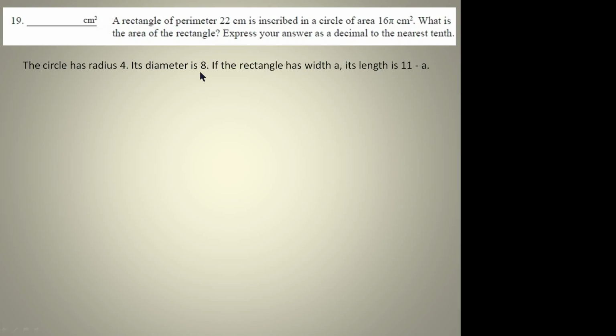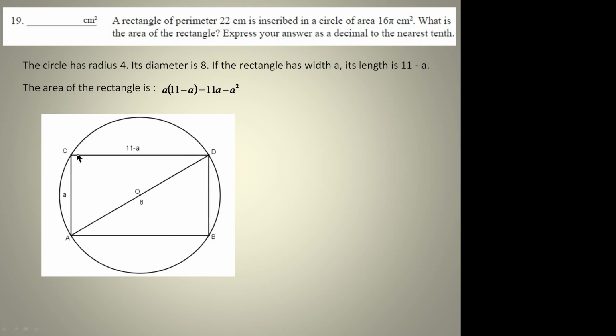So if we draw here, the circle diameter is 8, and the rectangle is inscribed inside. Because of the symmetry of this rectangle, the diagonal will pass through the center of the circle.